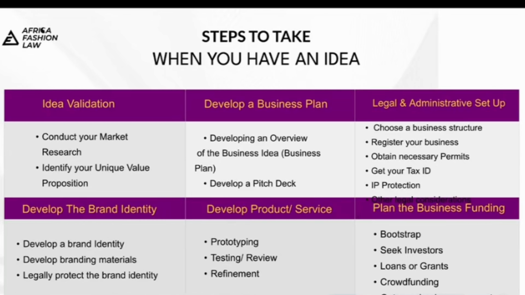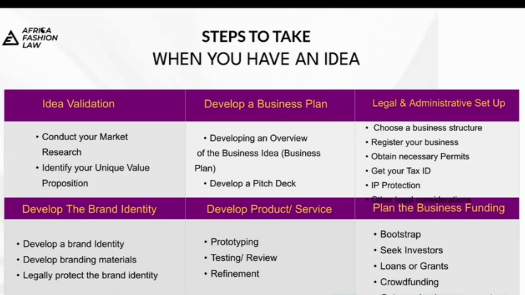And next, you obtain the necessary permits or licenses for different industries, or for different businesses, there are different licenses. Even in the leather sector, maybe you want to buy leather in a different way, there are different licenses. You just have to know what works for your business.